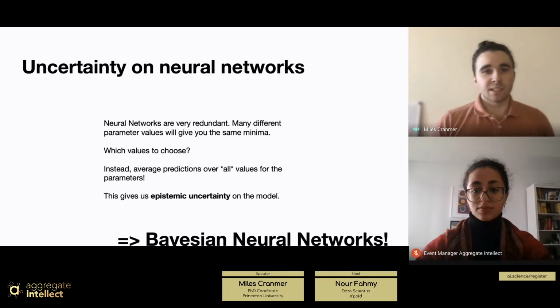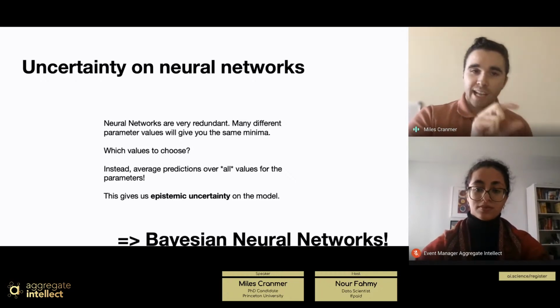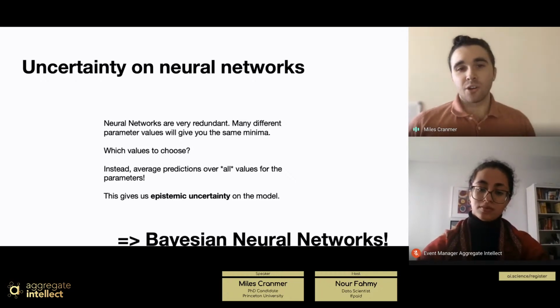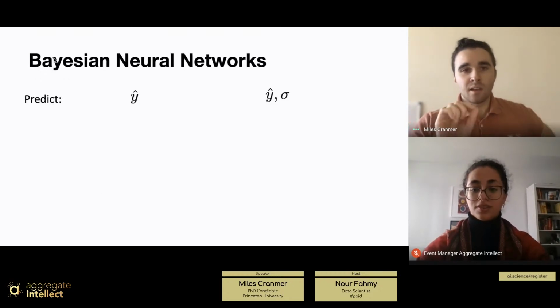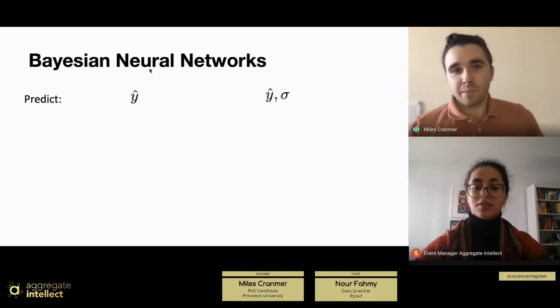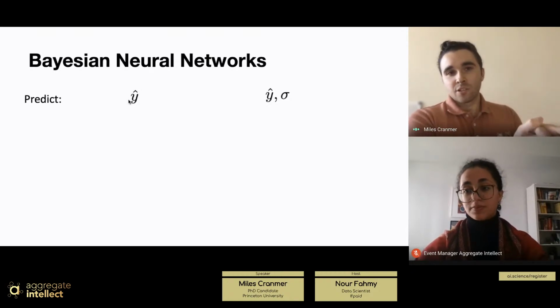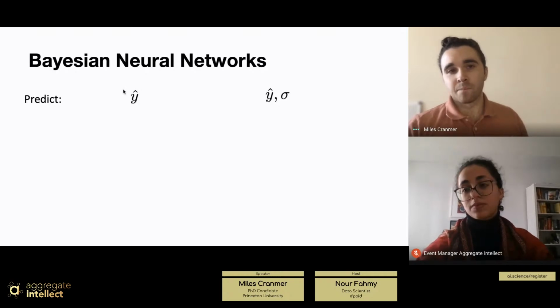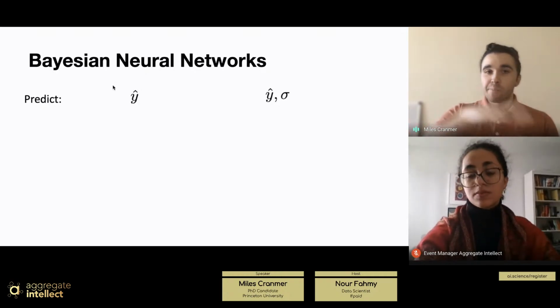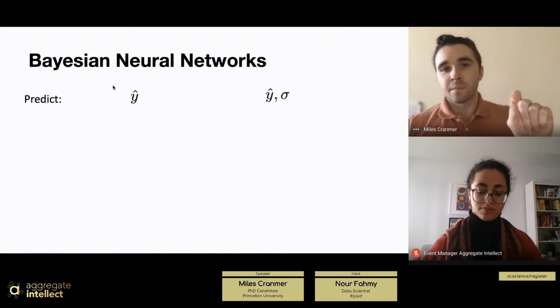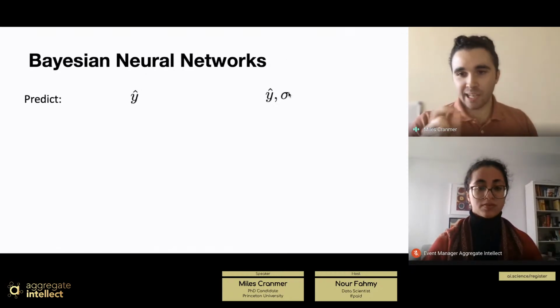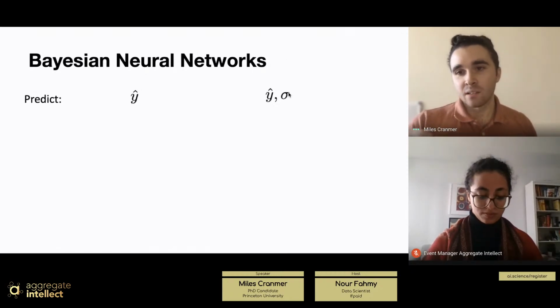It deals with this aleatoric uncertainty, the data spread, and also the uncertainty due to model extrapolation. In a regular neural network, maybe for a problem where you're trying to predict a value y, the Bayesian neural network equivalent, you now predict y and sigma. Sigma is the Gaussian spread in y.